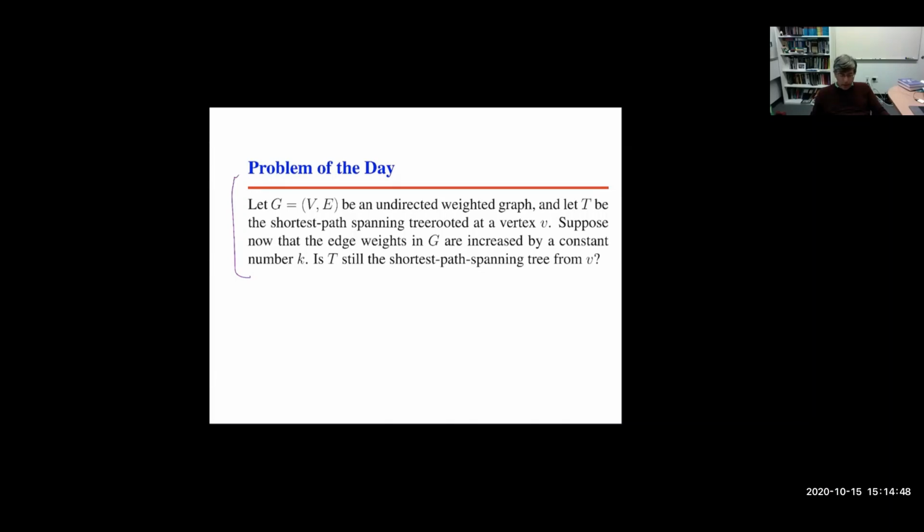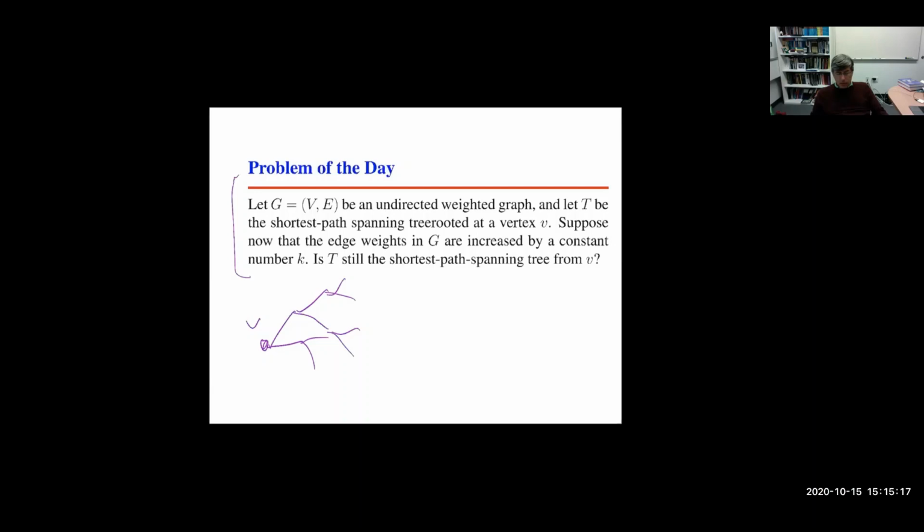What does it read? It says that we're given an undirected weighted graph. We've got the shortest path spanning tree from V to everybody else in the graph. Now, every one of the edges is increased by a constant, K. Okay?